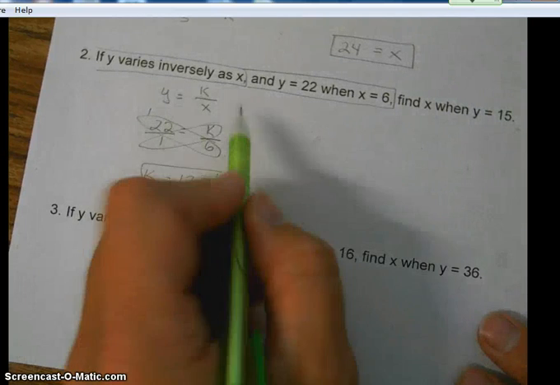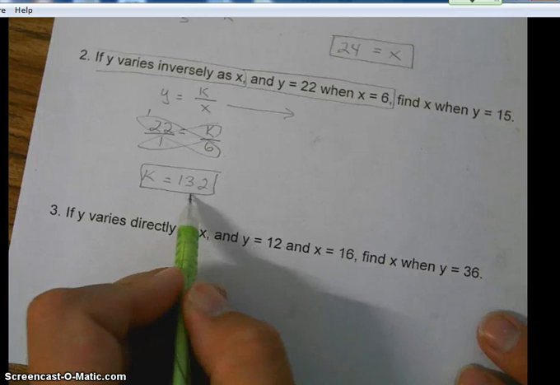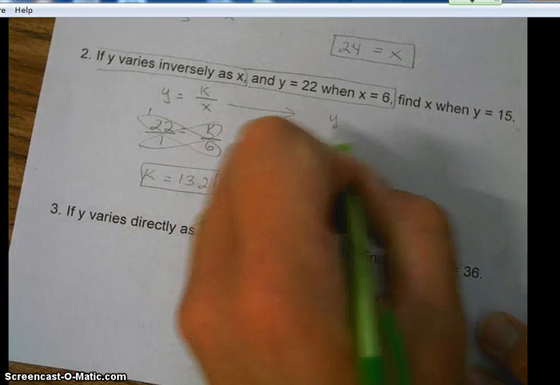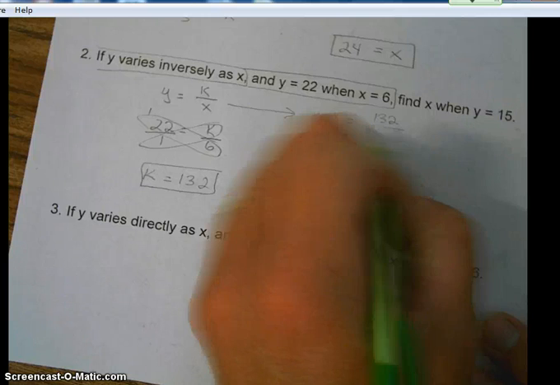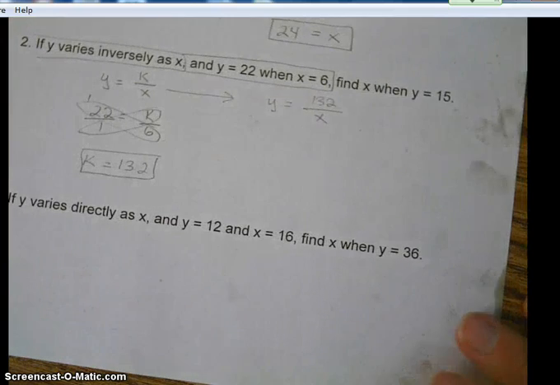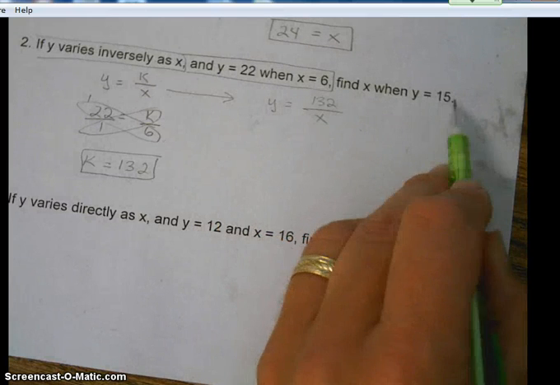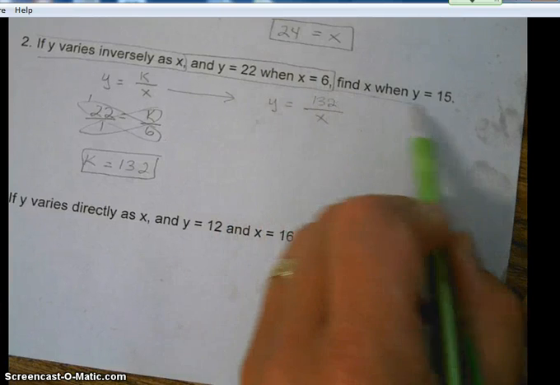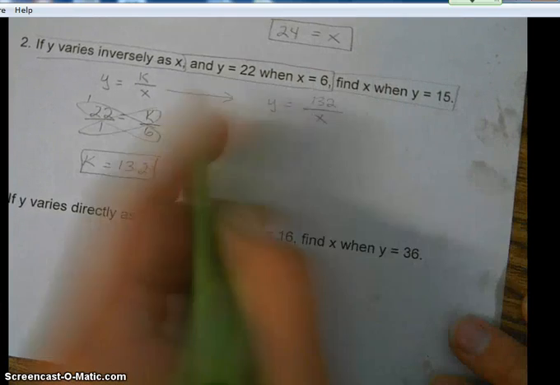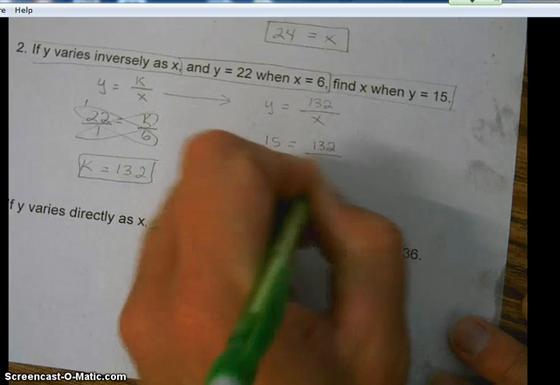Now remember, we plug that into our equation. So in for k is our 132. And now we solve the problem. Find x when y equals 15. Substitute in the 15. And we're going to solve for x.